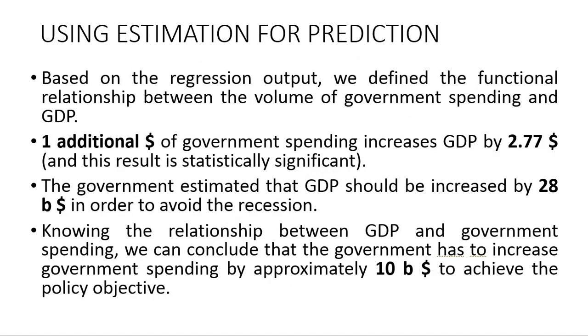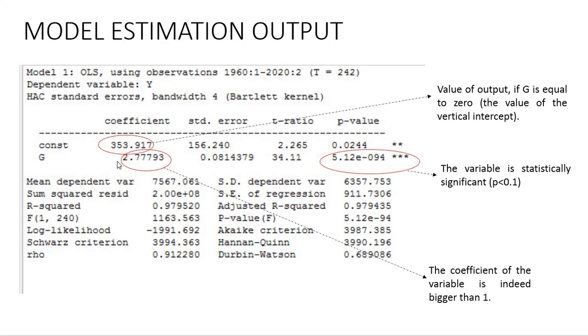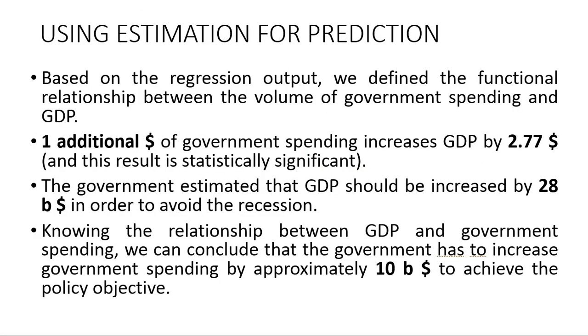And finally, we can use this estimation for prediction. The coefficient of beta 1 is equal to 2.77, and it means that one additional dollar of government spending increases GDP by $2.77, and this result is statistically significant.